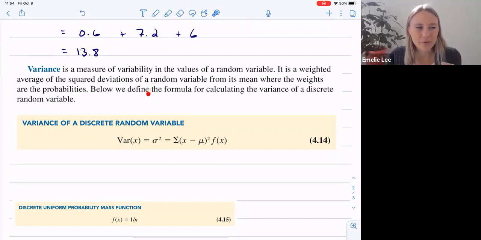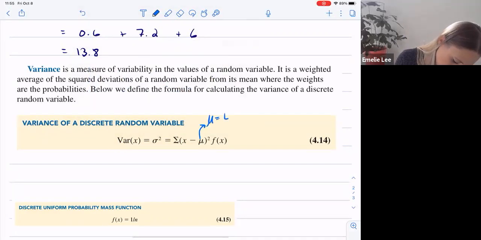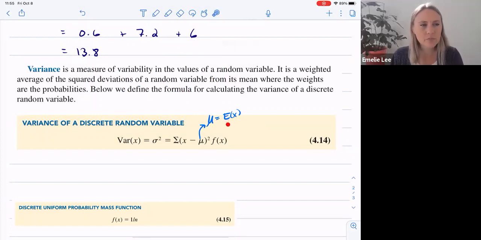We've got a formula here for the variance of x, which is sigma squared. It's the sum of each x minus mu, but remember mu was E of x. So if you found E of x earlier, you could use the expected value of x from your previous calculation. You don't need mu because it is E of x.